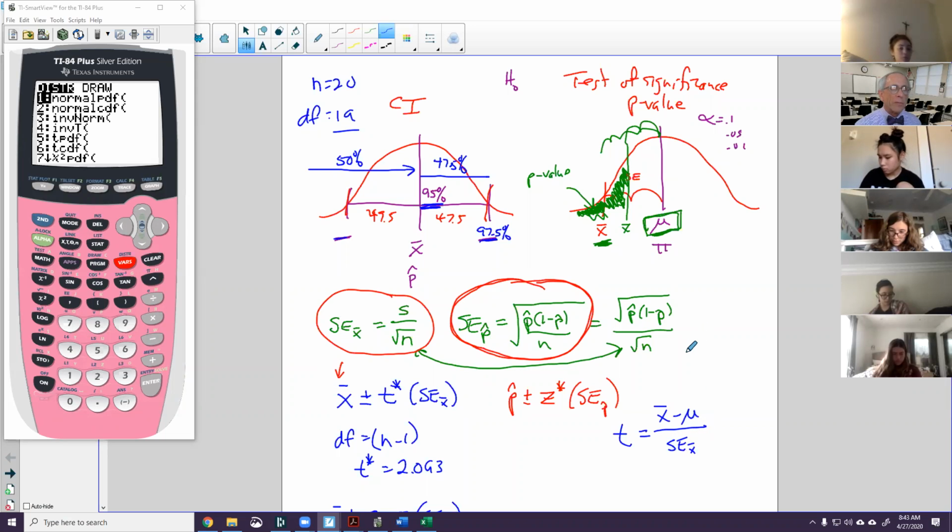This should look very similar to z equals y minus y bar over s, except that our y is now our sample mean, our mu is the population mean we're assuming under our null hypothesis, and instead of standard deviation, which we don't really know, we have a standard error for our statistic.